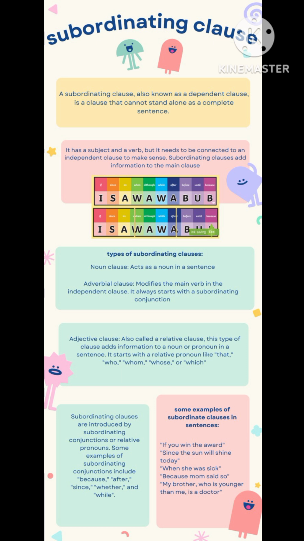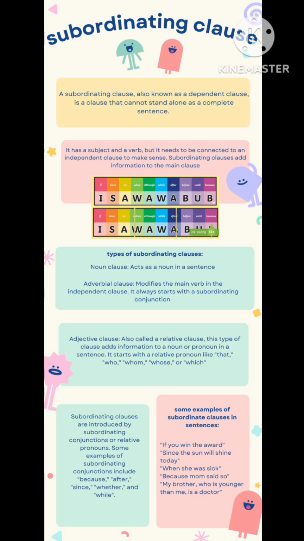The types of subordinating clauses are: noun clause, which acts as a noun in a sentence. Adverbial clause, which modifies the main verb in the independent clause. It always starts with a subordinating conjunction.